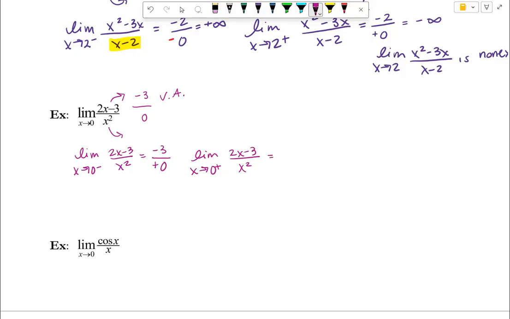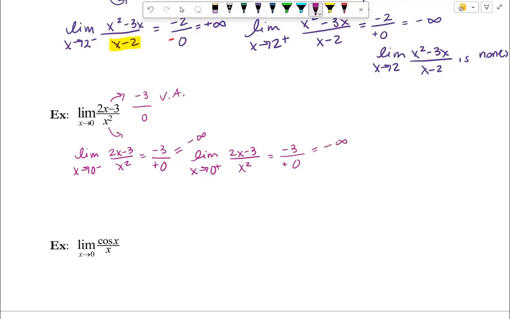And for our limit as we approach 0 from the right, well, we're squaring a tiny positive number, so it's still a positive number. So both of these limits are a negative divided by a positive. So we are approaching negative infinity from both sides.